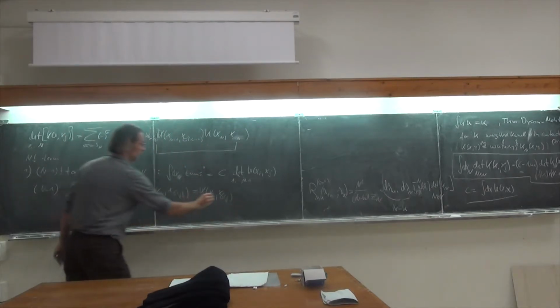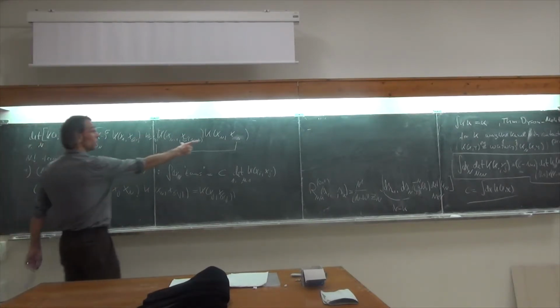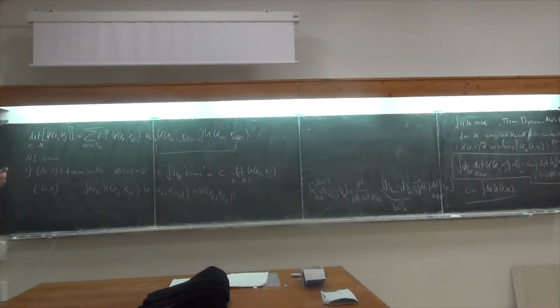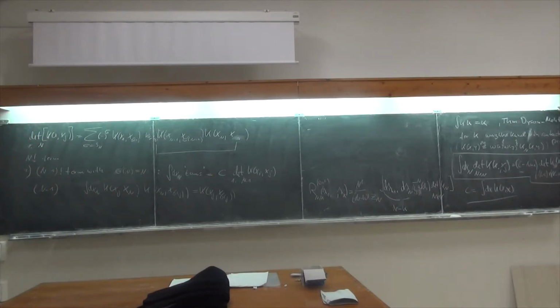So I've reduced the number of kernels by 1. And when I do this pair exchange, I get a minus sign. That is the rule when you do exchanges in permutations. When you do one pair exchange, you get a minus sign. And then I get n minus 1 such terms.